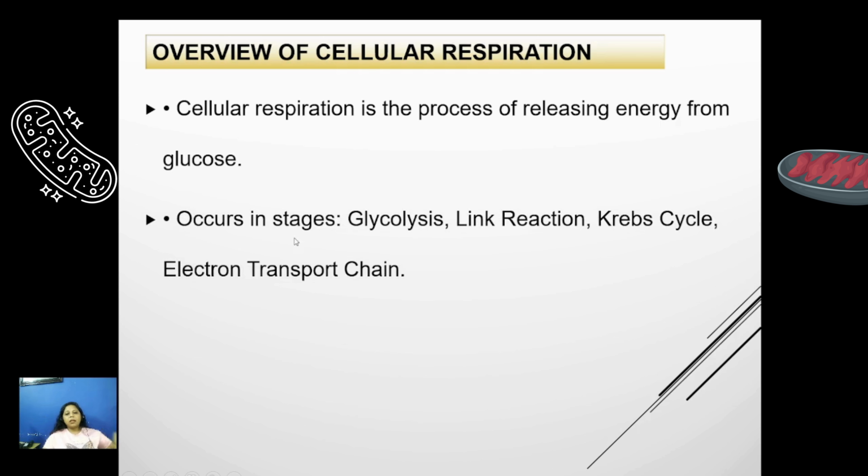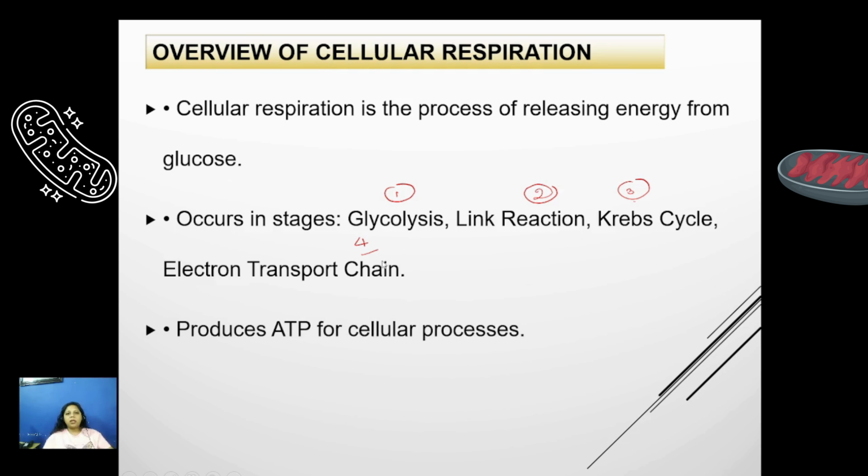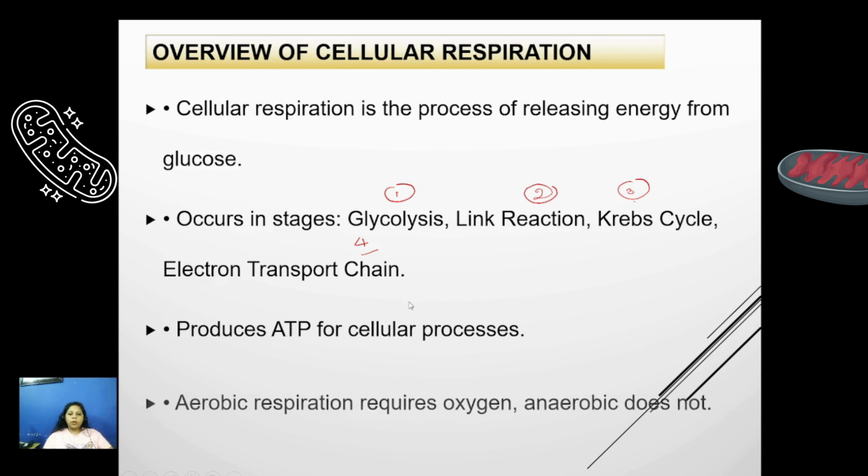It occurs in four main stages. Glycolysis is the first stage. The second one is the link reaction that connects the pyruvate, the starting material, with the Krebs cycle. The last one is the electron transport chain, which releases energy from the reduced NAD and FAD. So it produces ATP for cellular processes.